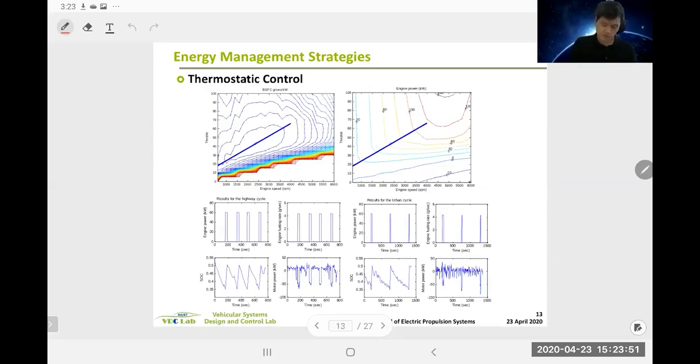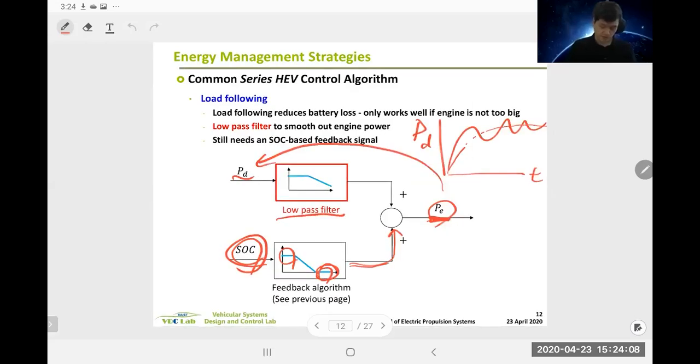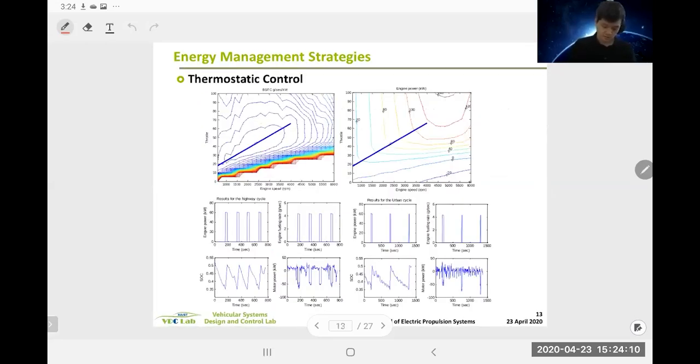And this is the simulation result of thermostatic control. Depending on the power demand and SOC, the engine will operate on this line.